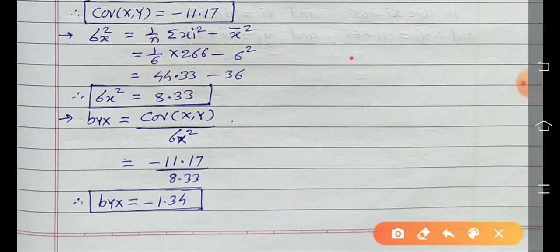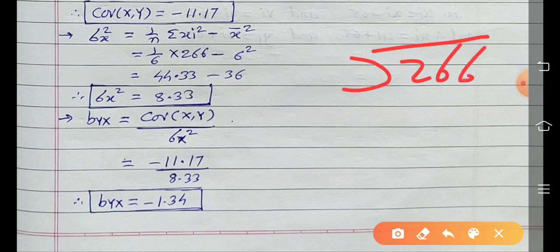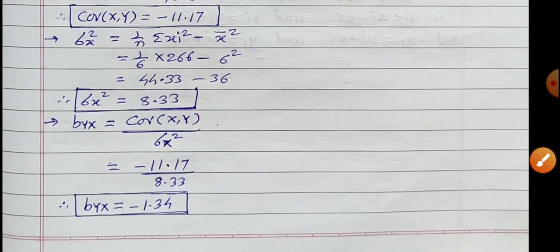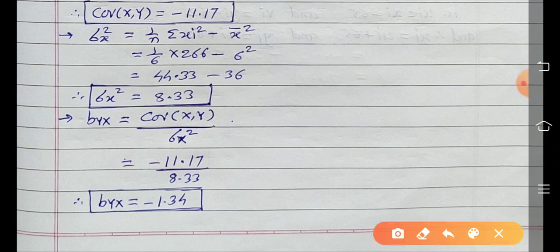Make the division like this, 266 divided by 6. Do the calculation properly. So our answer is 44.33 minus 36. What is the subtraction? So sigma x square is equal to 8.33.